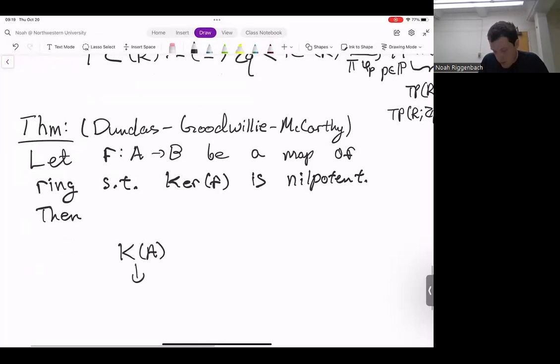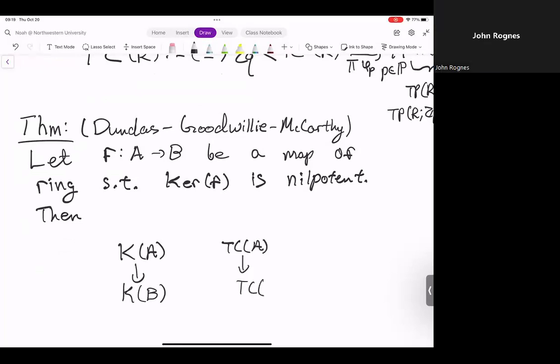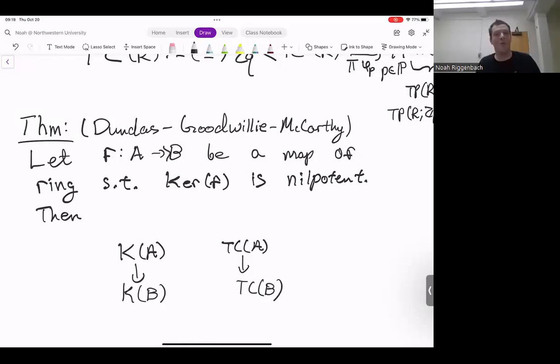you can look at the induced map from K-theory of A to K-theory of B. You can look at the induced map from TC of A to TC of B. You want the map to be surjective. Thank you, I 100% do. And you can consider the factorization of this map to Hochschild homology. This is called the Dennis trace.